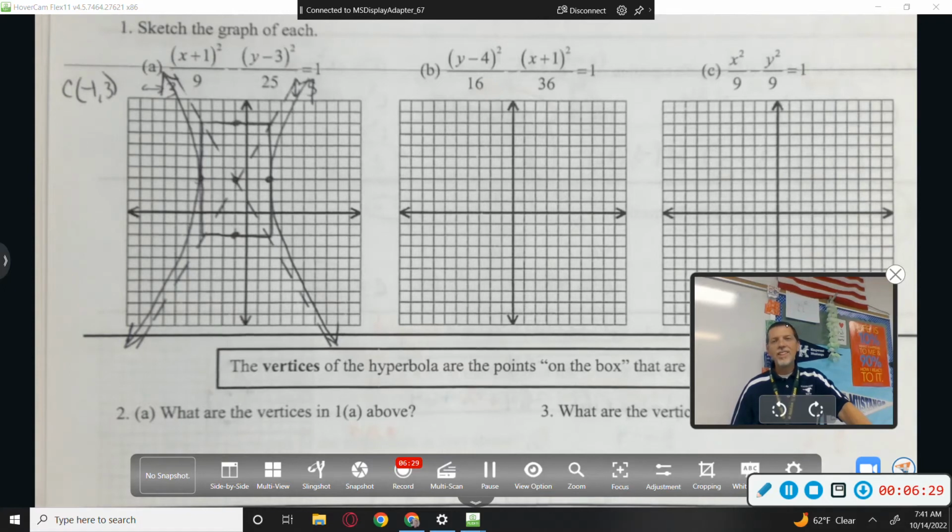So I think these are fun to graph. You end up with like the Spider-Man web thing for your picture.